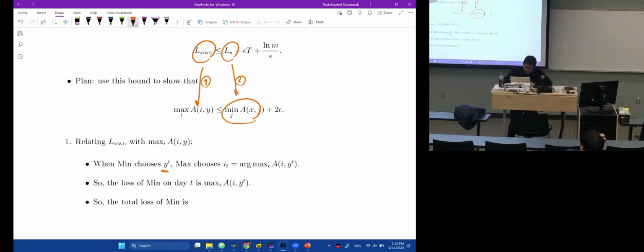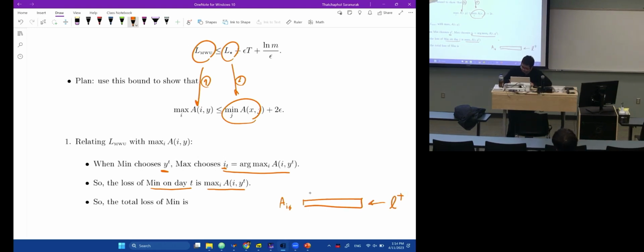When min chooses y_t, max will choose the best strategy according to y_t. So it means that the loss of the min player on day t is just this one, right? A_{i_t} row.